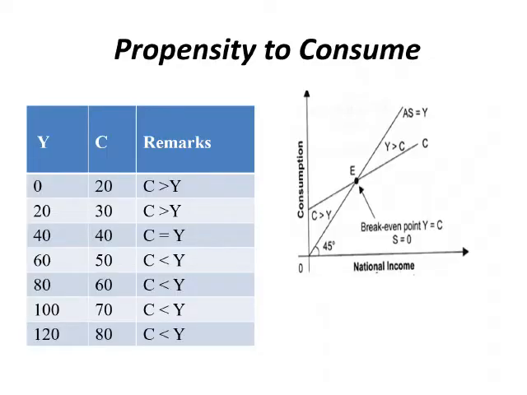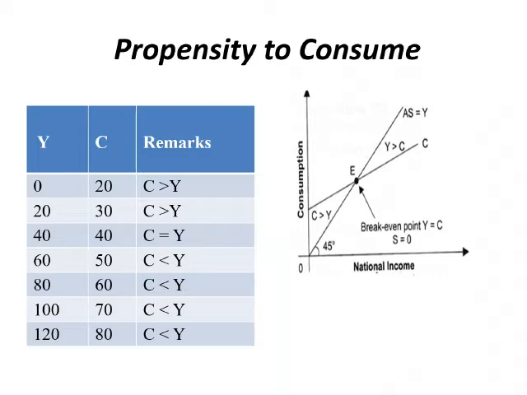Yes friends, say in the schedule and diagram, when income is 0, consumption is 20. Income is 20, consumption is 30. Consumption is greater than income.